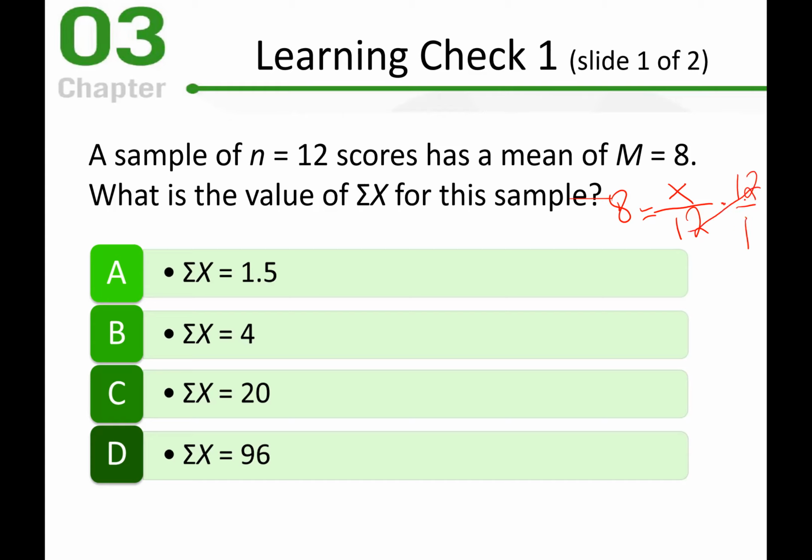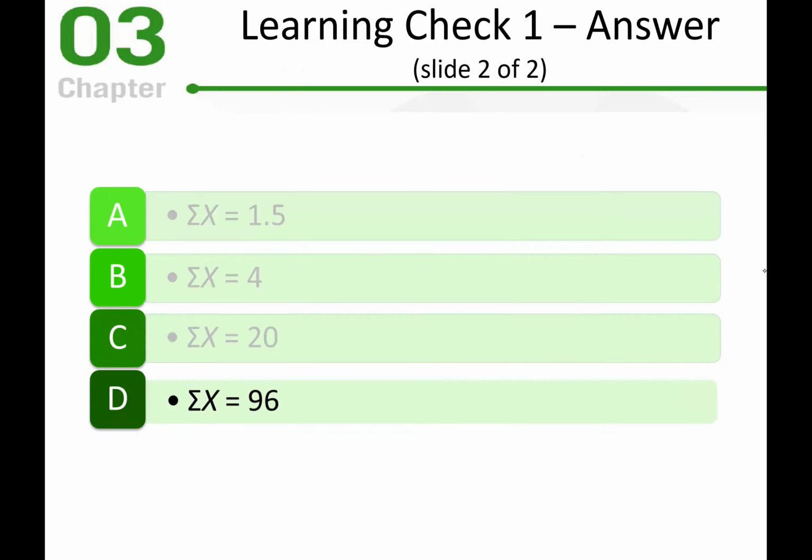And whatever you do to one side, you do to the other side. So this would be 12 times 8, and that would give you 96 equals X. So it's a simple algebraic equation. What I'm trying to stress to you, because this will be very helpful in later chapters, is to think of the mean along the lines of those two definitions that we previously went over. So here's the answer.